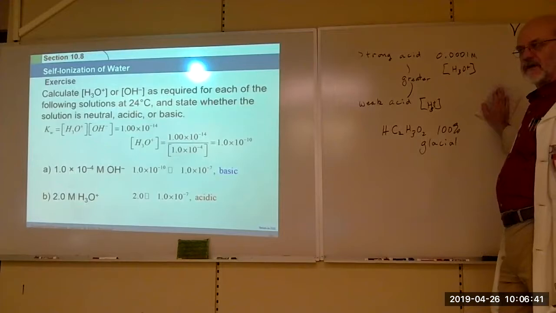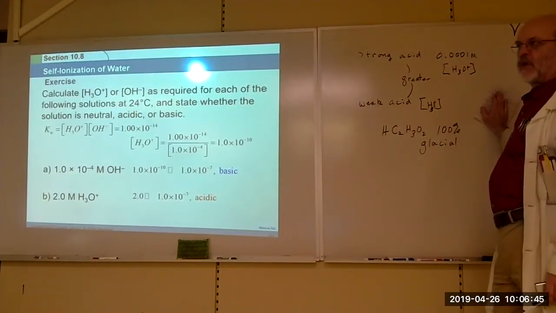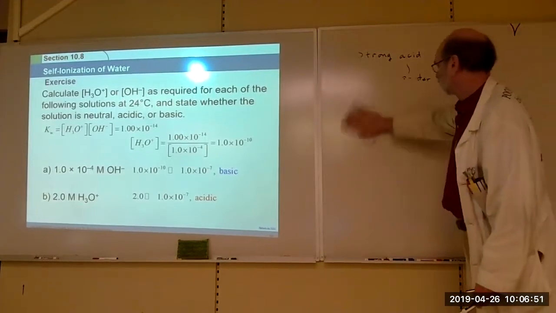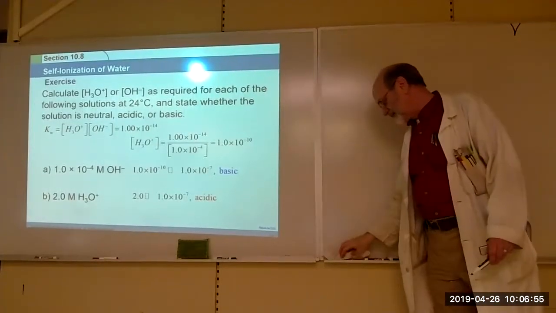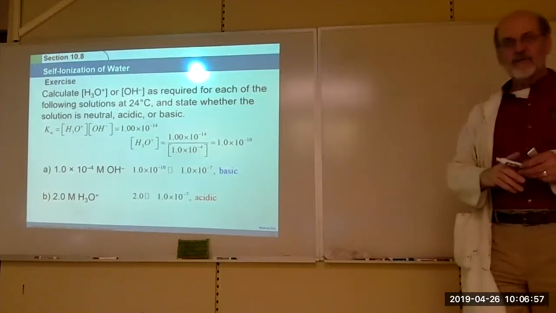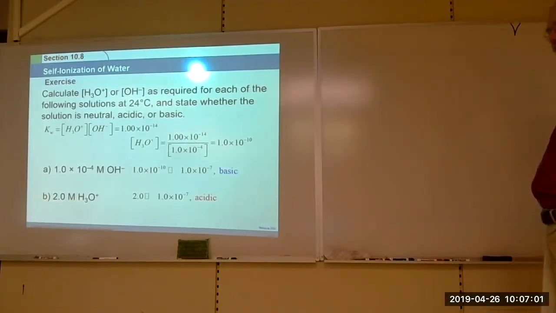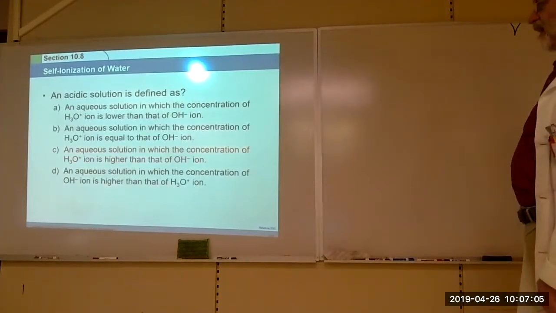Stomach acid is about 0.1 molar hydrochloric acid, depending on what you're eating. You know, if you're eating Italian, it would probably be higher concentration. It's called the tomatoes. Okay.